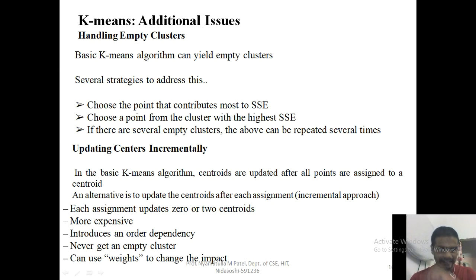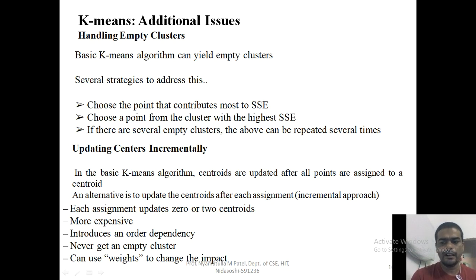Now coming to the next point: what are the additional issues associated with the k-means clustering algorithm? Handling empty clusters is one of the basic issues. The basic k-means algorithm can yield empty clusters.